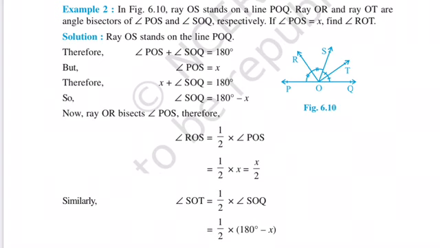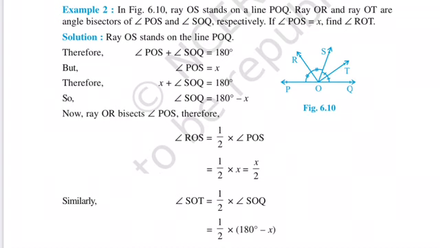So I think this is very clear to you that angle ROS is equal to X by 2 and angle SOT is equal to what? 90 minus X by 2.